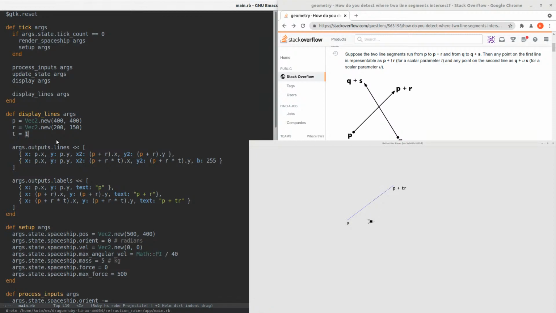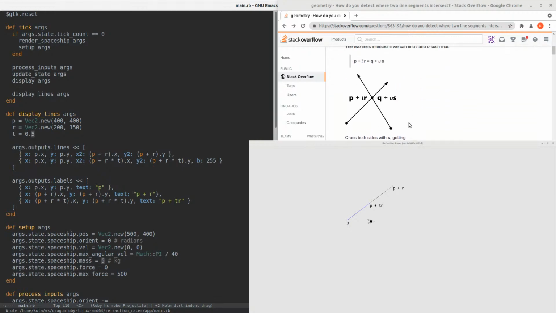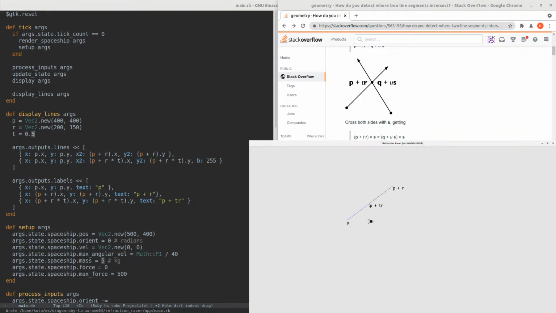So this should catch up in a second. Well, I guess it's probably already caught up by the time I'm speaking here. So if we set t to 0.5 in this case, then we have a point here.